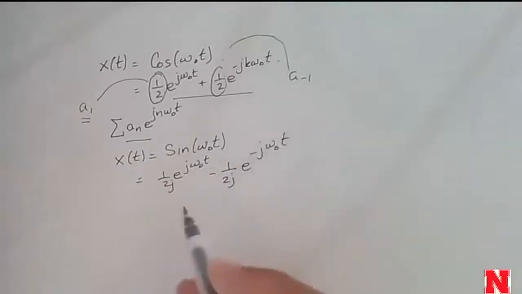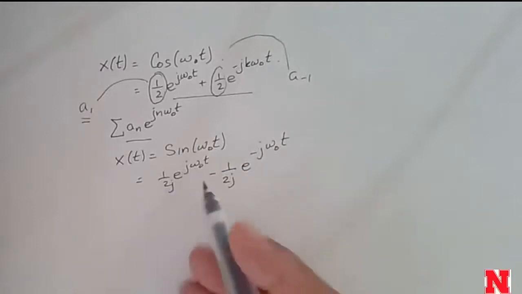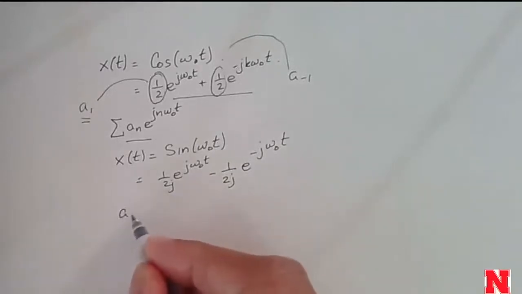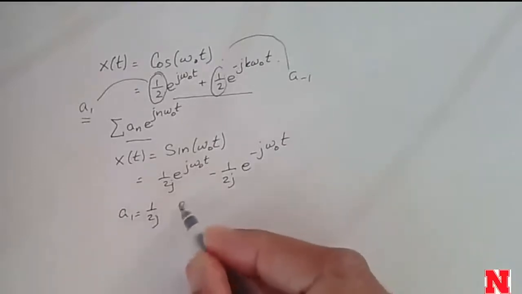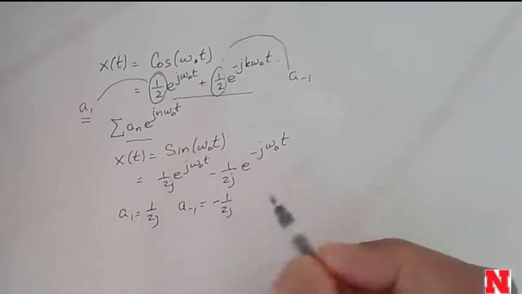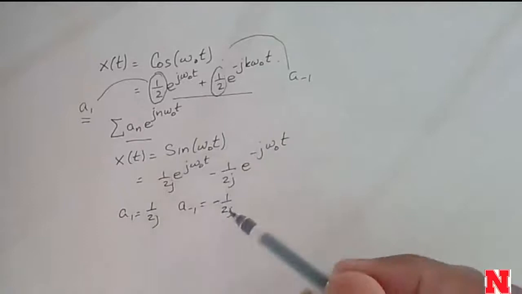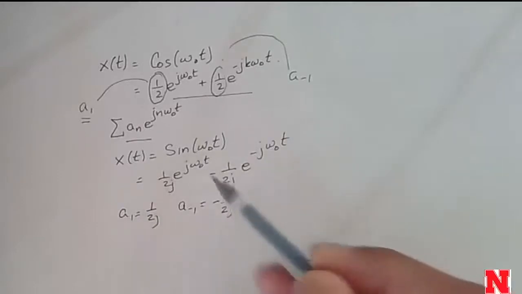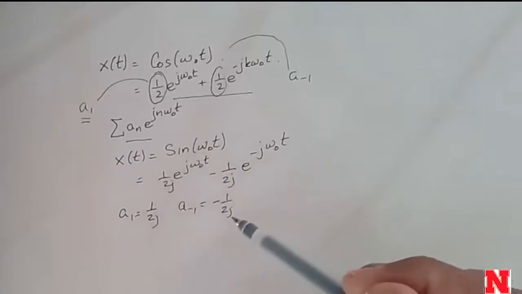So again, n is equal to 1, so a1 is equal to 1 over 2j, and a sub minus 1 is equal to minus 1 over 2j. Sine is odd, and therefore the Fourier series coefficients are odd. Sine is real and odd, so the Fourier series coefficients are purely imaginary.